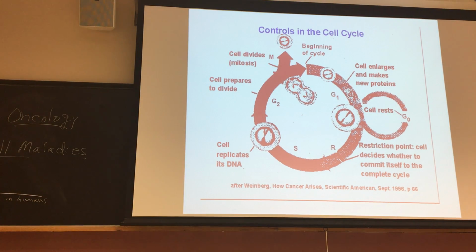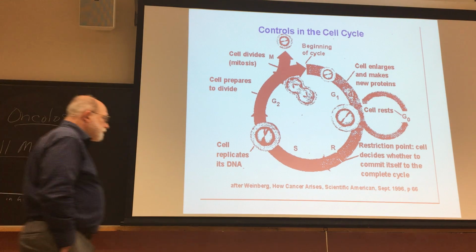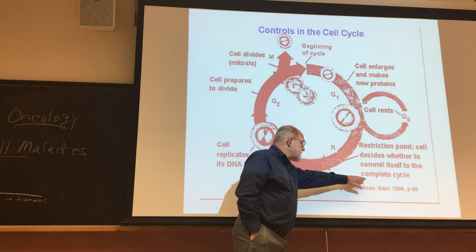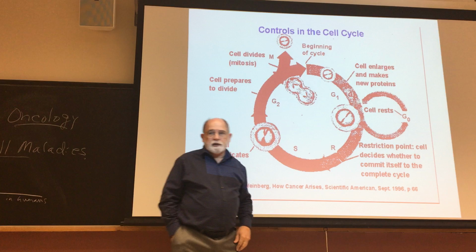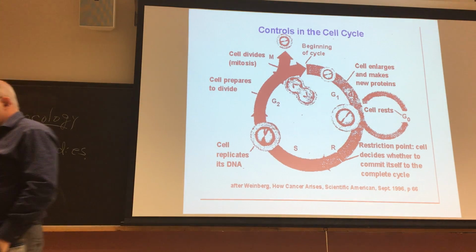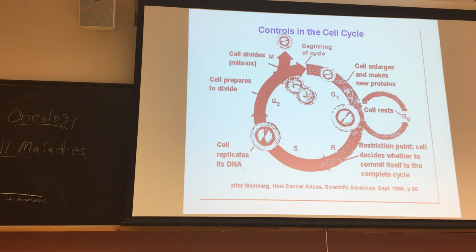So that first restriction point is the commitment to complete the cycle. This is where RB protein functions, and it is influenced by many growth stimulators and growth inhibitors that are hormones.